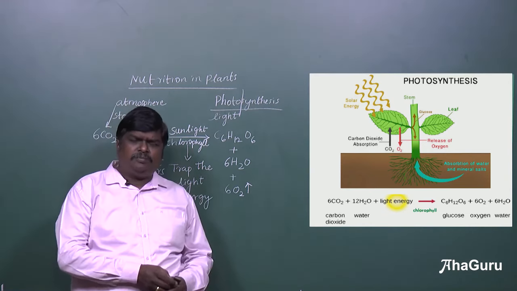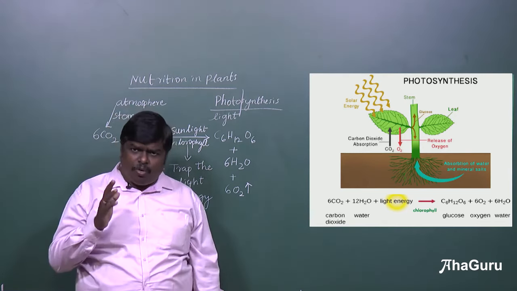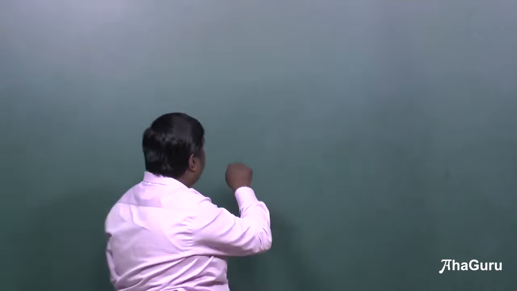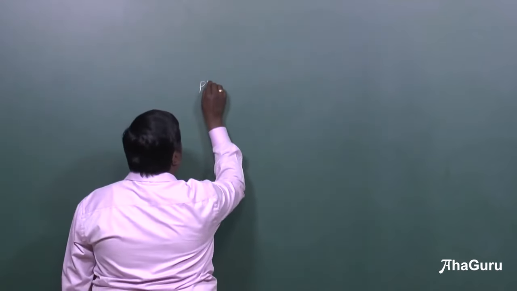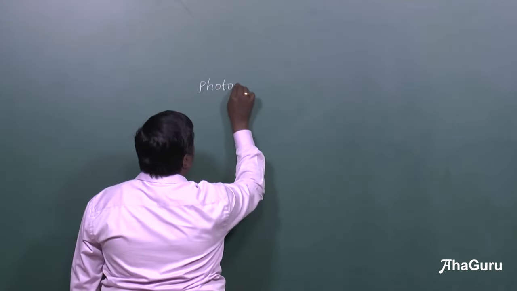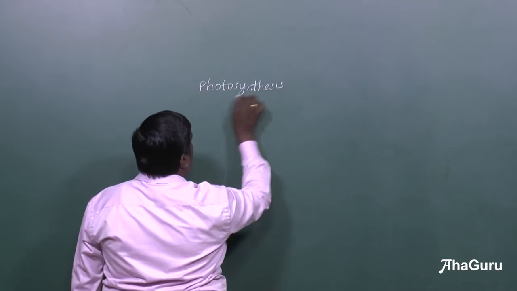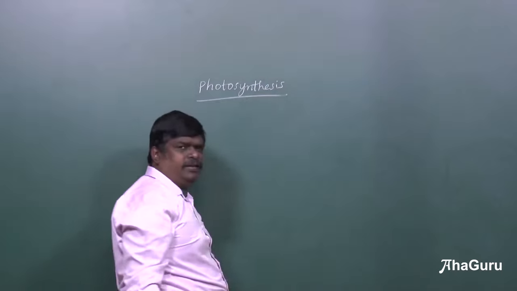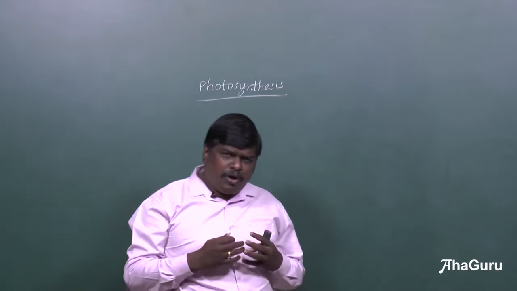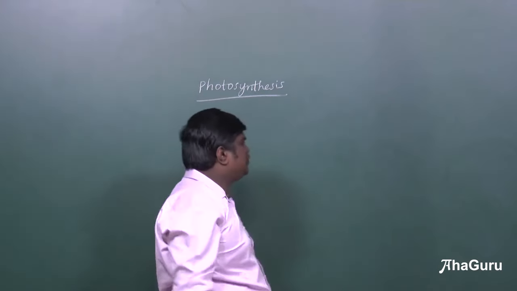In the photosynthesis process, what is going to happen? I am going to explain to you. During the photosynthesis process, three important processes take place.